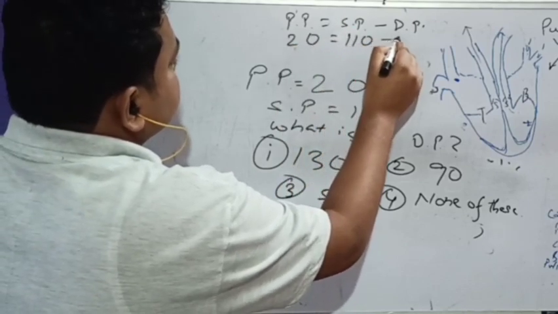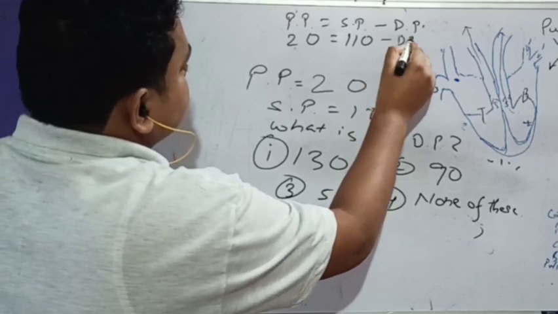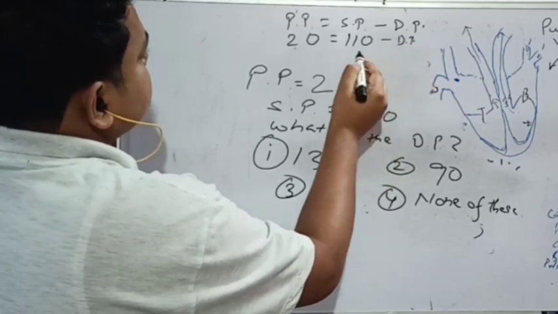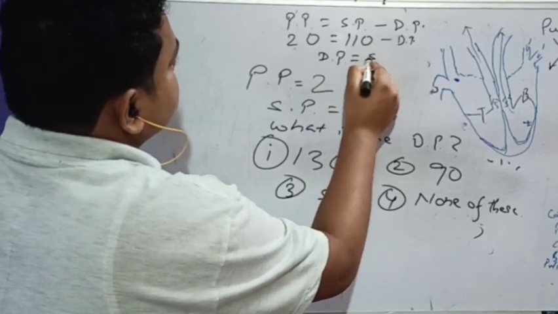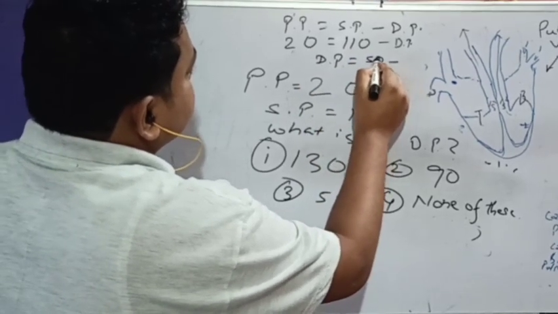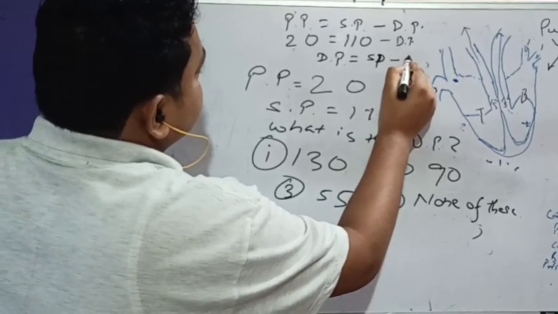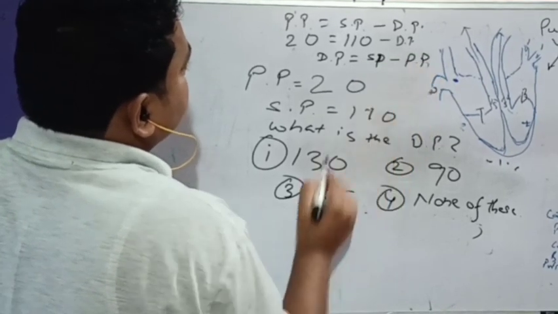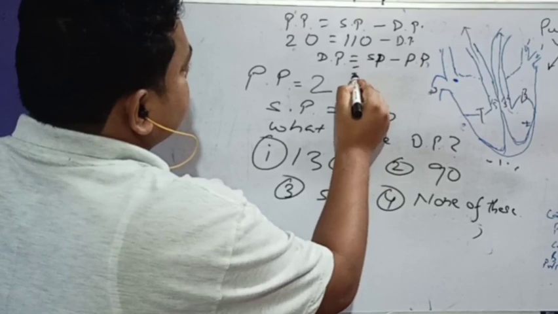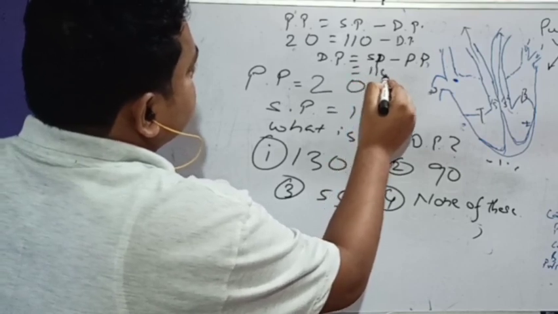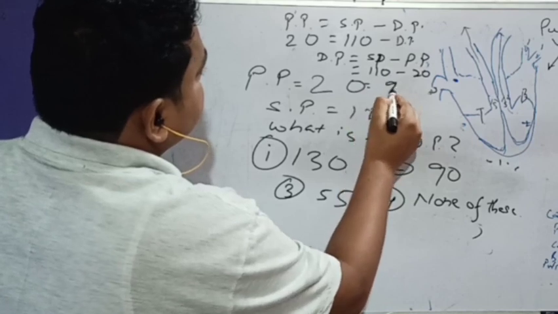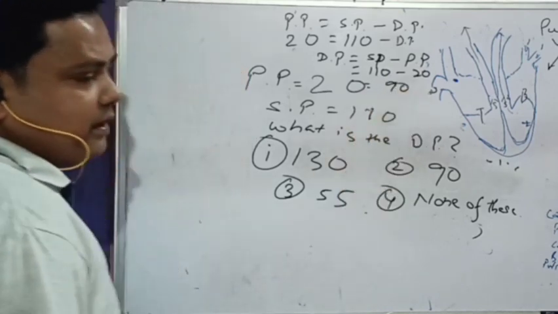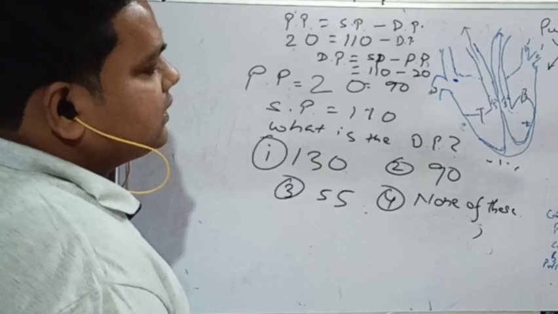So diastolic pressure will be systolic pressure subtract pulse pressure. So 110 minus 20 will be 90. Is it okay? So this is the case.